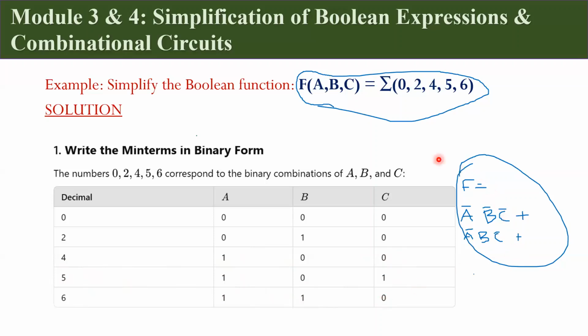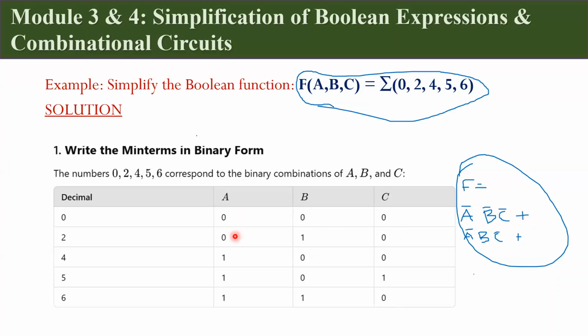Now, the function that is given can actually be written using the inputs as well. We can write the same function f is equal to what? Because this is 0, 0, 0, this first one represents A bar, B bar, C bar.